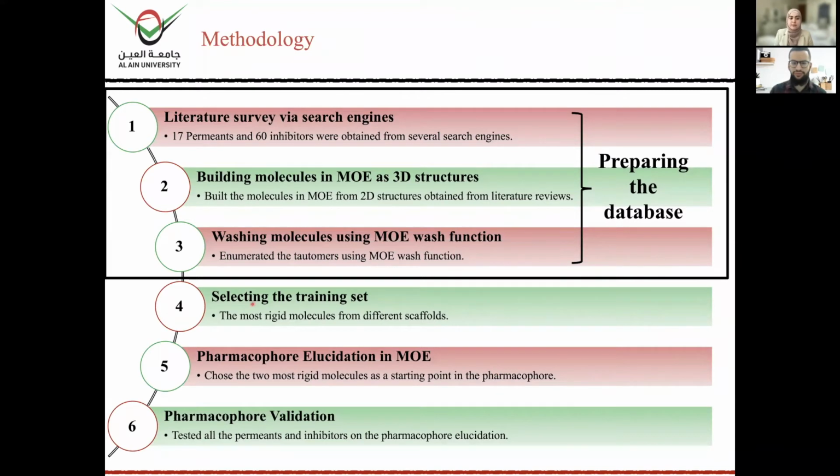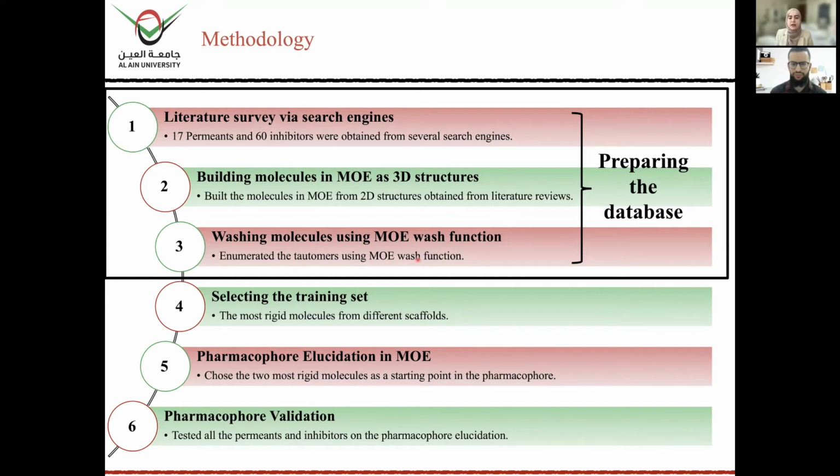First, 17 permeants and 60 inhibitors were obtained from the literature using several search engines, such as Scopus and PubMed, and were drawn in the Molecular Operating Environment software as 3D structures. After that, the compounds were washed in order to make sure that the maximum number of possible conformers of each molecule has been covered by creating the tautomer state using the MOE wash function.